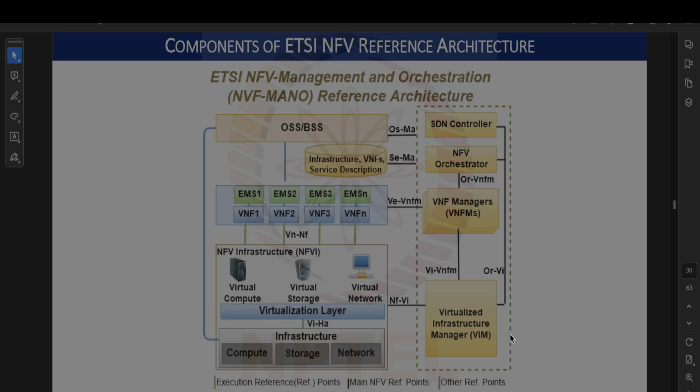First we have something called VIM, the virtualized infrastructure management, which will talk with the NFVI. Then we have the VNF managers, which talk with the VNFs. Then we have the NFV orchestrator. So these are the major components.